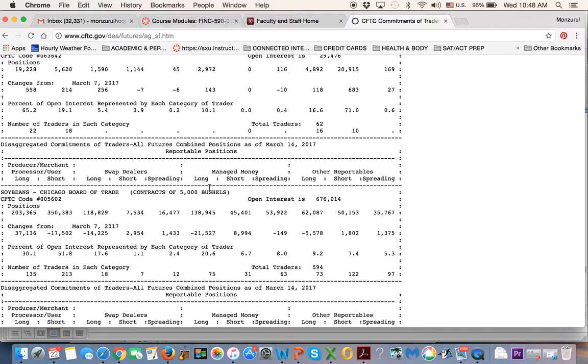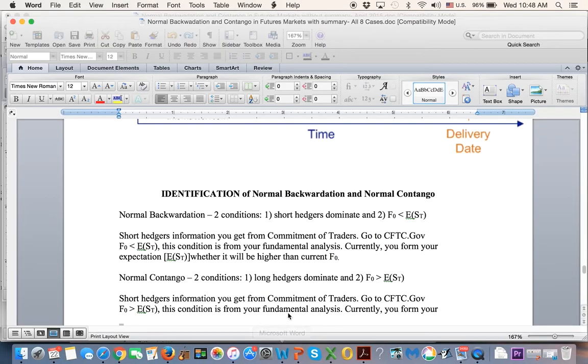So you go back to your case again. What are the conditions one more time? Normal backwardation is short hedges dominate and your expectation. So you say that in this market for soybean, short hedges dominate. And if you look at the demand and supply from online sources, and if you believe that demand is greater than supply, then your expectation is greater than F sub 0.